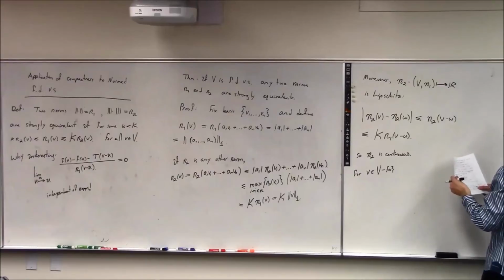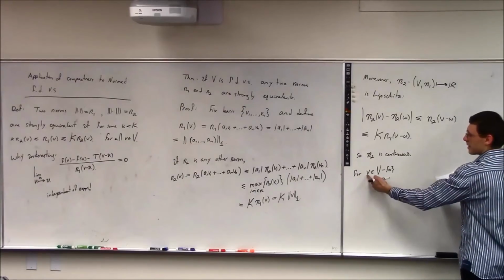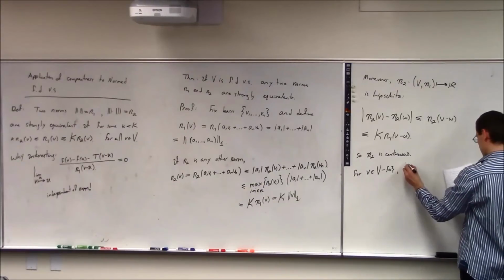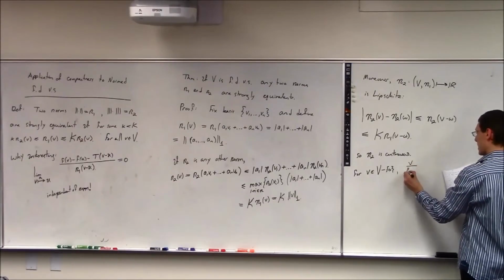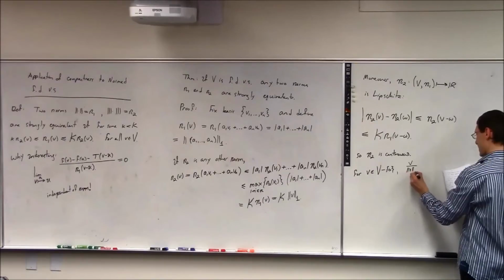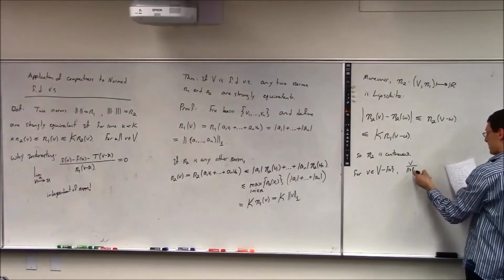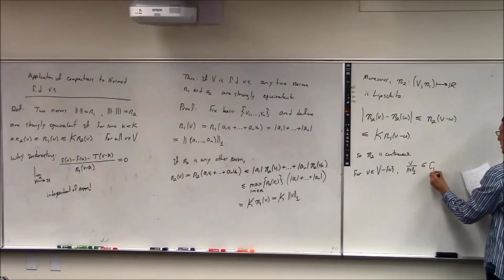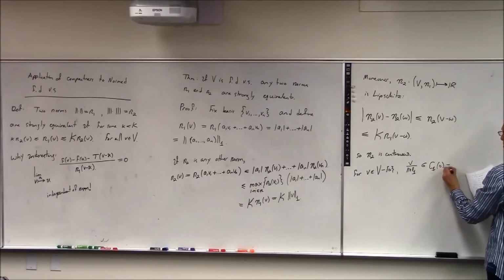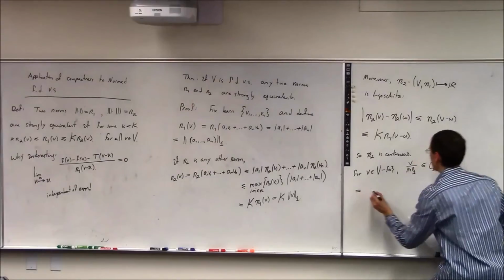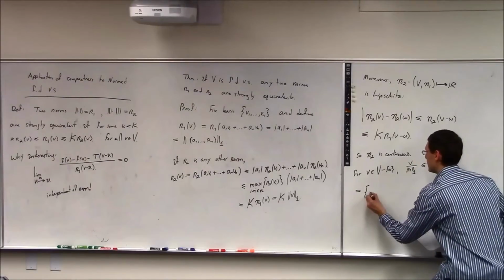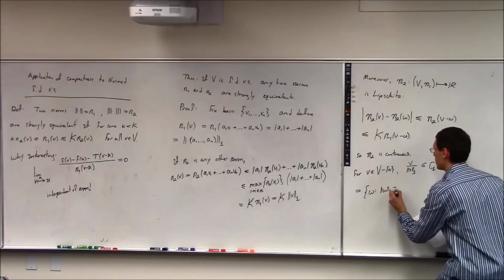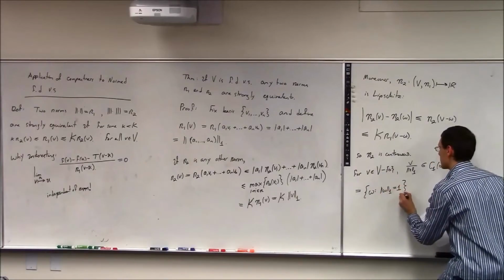Then what I can do is make this a unit vector. So V divided by the magnitude of V is going to be an element of the circle of radius 1 centered at 0, which is simply the set of all W such that the one norm of W is equal to 1.